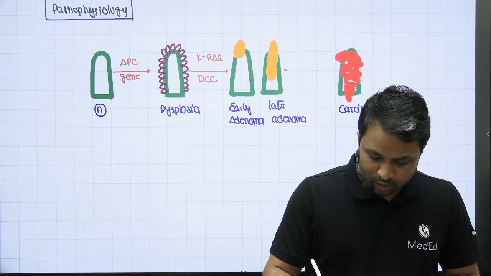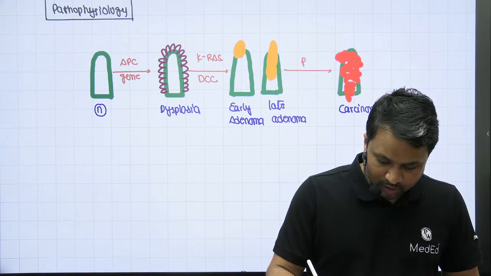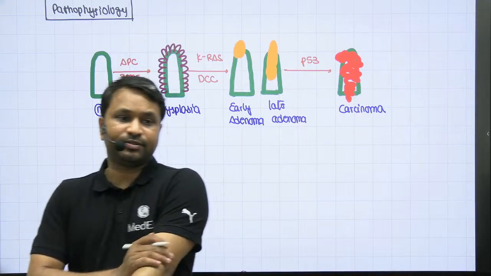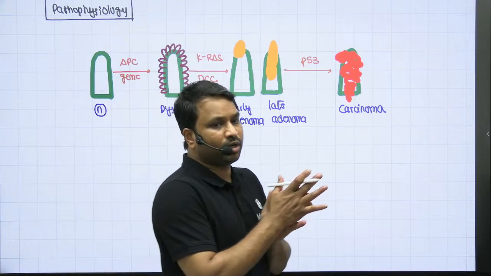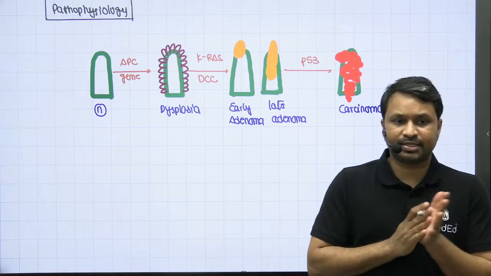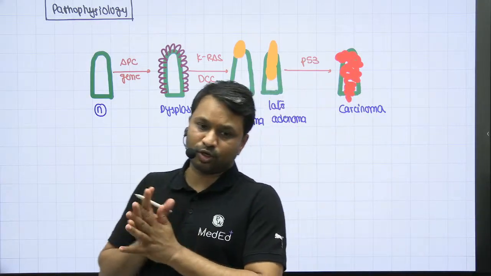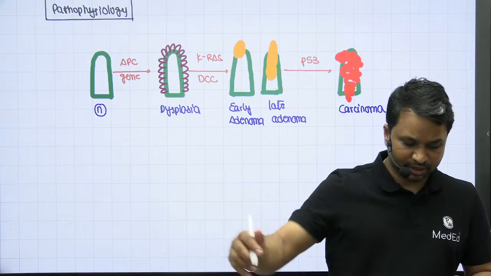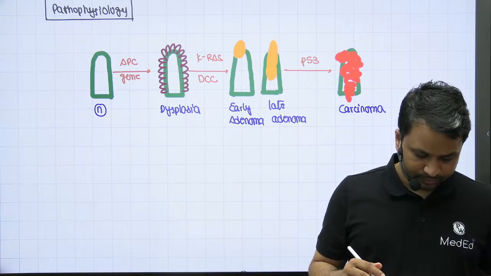From the late adenoma to carcinoma, it is because of P53 gene mutation. So APC gene mutation takes it from normal to dysplasia and early adenoma, the late adenomas are because of KRAS and DCC, and from late adenoma to carcinoma it is because of P53 gene mutation. Clear?